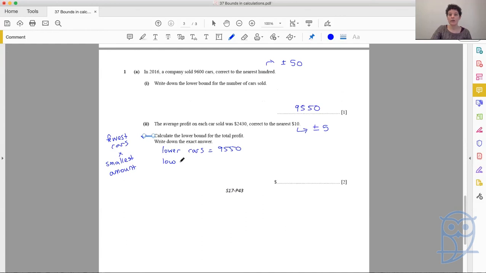Our lower bound for profit is $2,425 per car. So lower for total equals 9,550 times 2,425, which is $2,315,875. That is an awful lot of money.